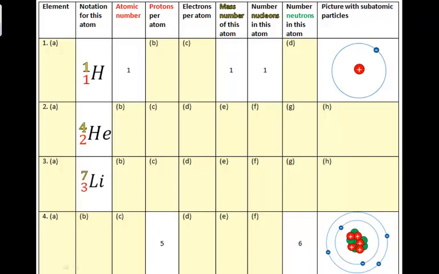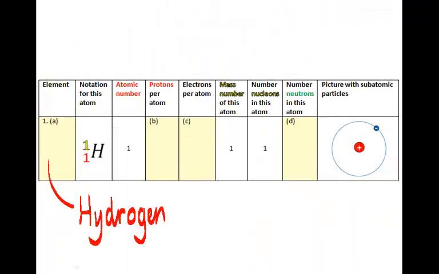Pause the movie while you complete this table yourself. Hydrogen. So the bottom number here, 1, tells us that the atomic number is 1. There's 1 proton in each hydrogen atom in the universe, as shown here in the picture. If we have a neutral hydrogen atom, there must also be 1 electron to make the whole neutral.